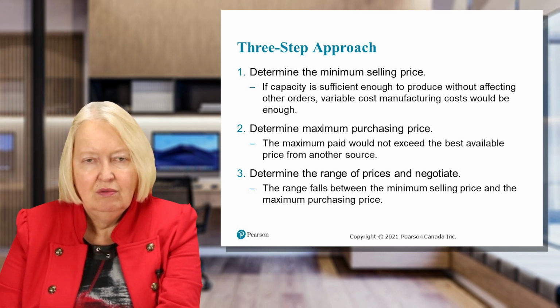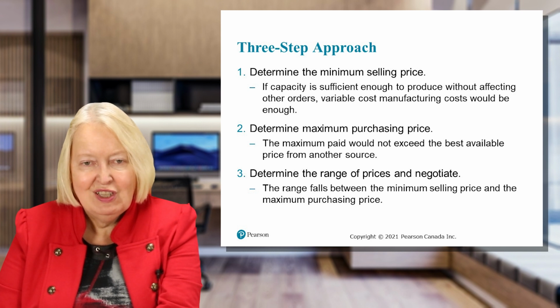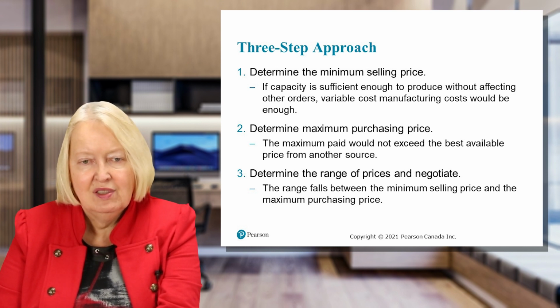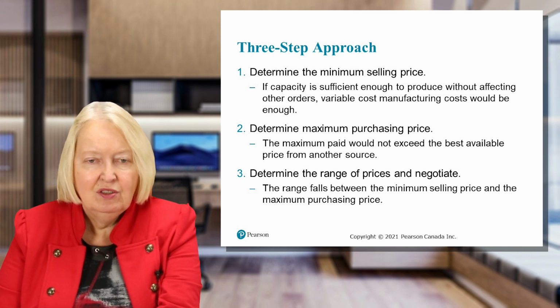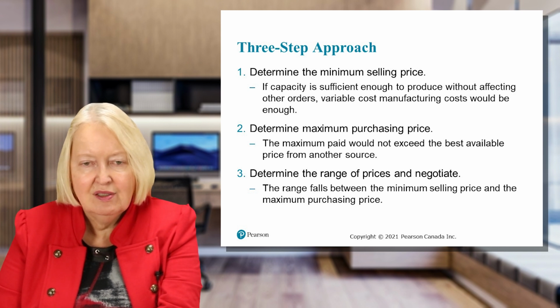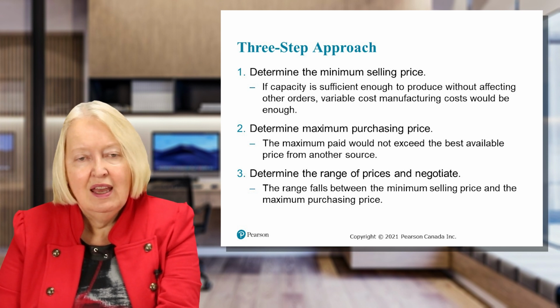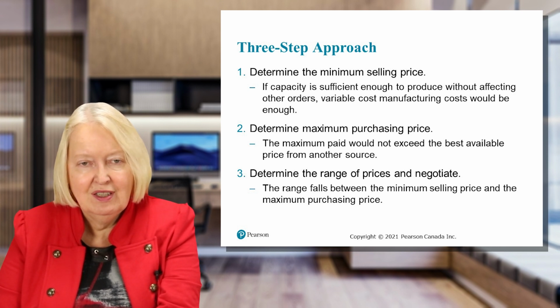So if you're purchasing internally from one department to another, you don't want to pay more internally than you would have paid had you bought it from a company outside the organization. And typically, what the two departments would do is identify a range of prices and then basically negotiate something that's reasonable for the selling department and reasonable for the purchasing department.